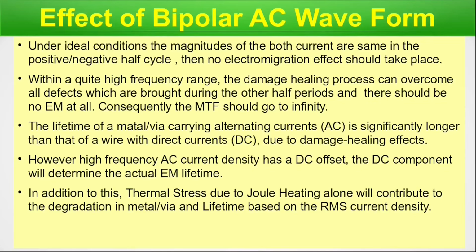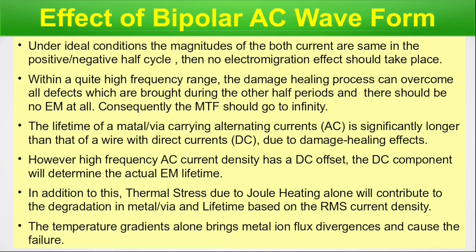So even though you can see that the AC waveform has its own healing way for the void creation, however, its associated DC component and the Joule heating, both these things will contribute to the damage. The temperature gradients alone bring the metal ion flux divergence and cause the failure.